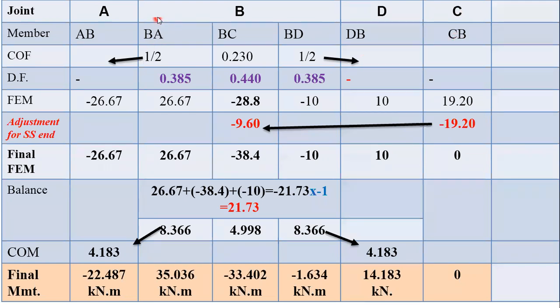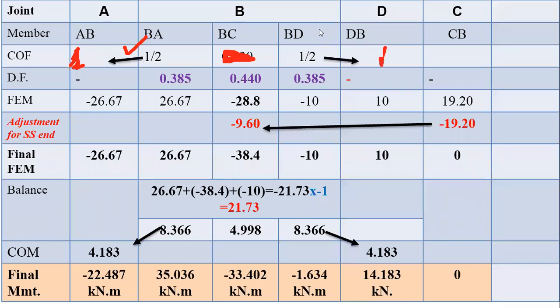Then carry over factor. So carry over factor is there from BA to AB, then BD to DB. This is a typing mistake. Carry over factor is there from BA to AB, as the far end A is fixed, and BD to DB, as the far end D is fixed.